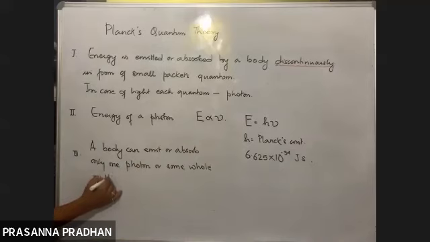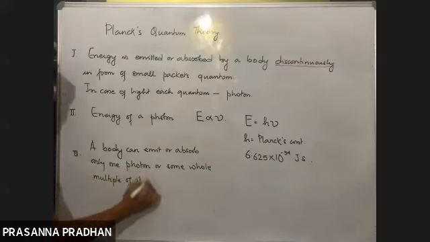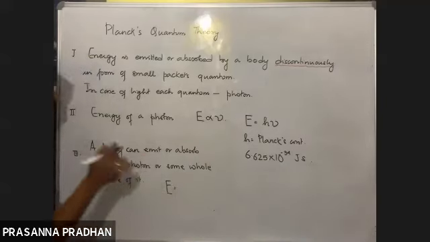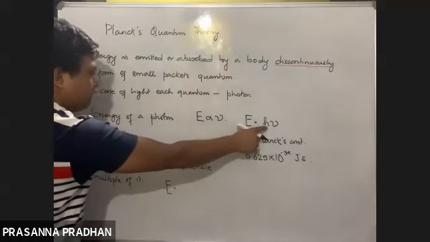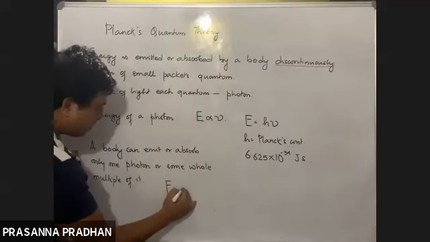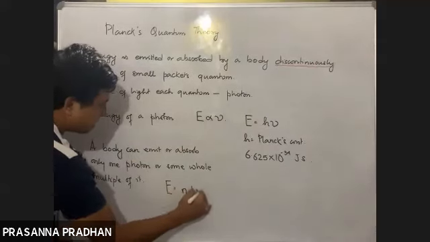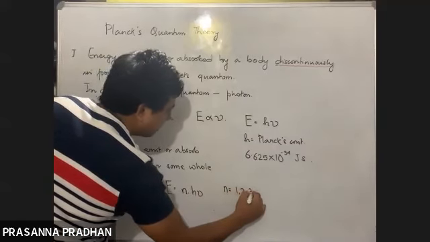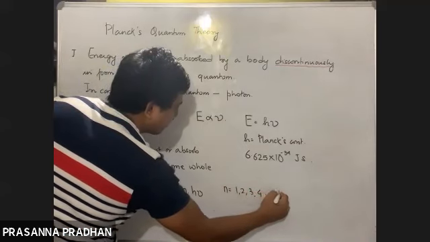If you don't understand anything here, please let me know. That means how much energy a body can emit or absorb is either one photon or some whole number multiple of it. That means E equals n h nu, where n is a whole number 1, 2, 3, 4, etc.